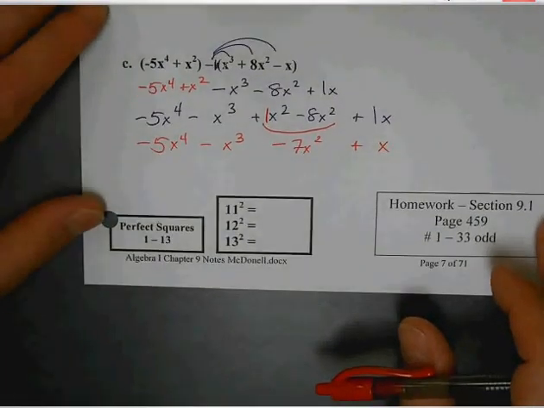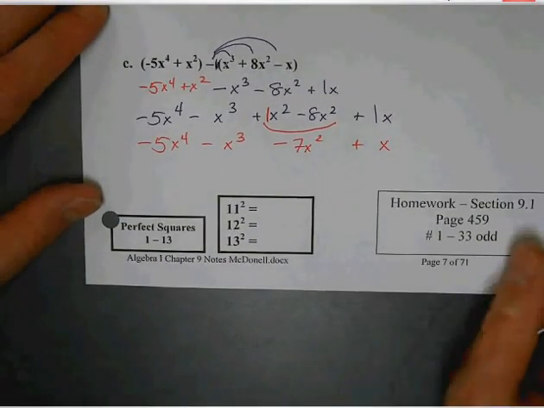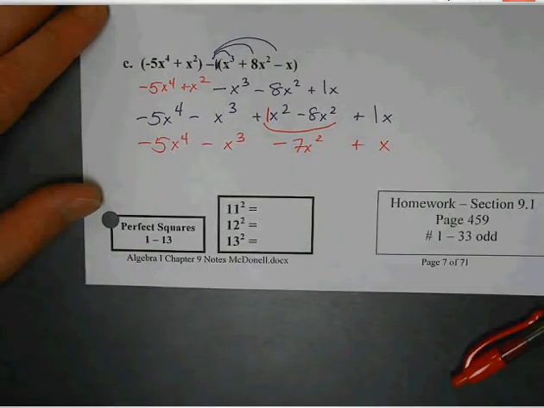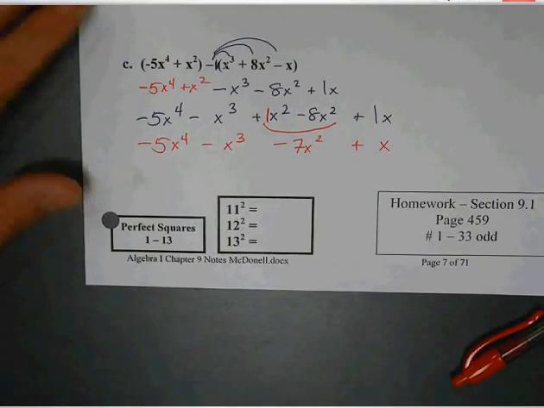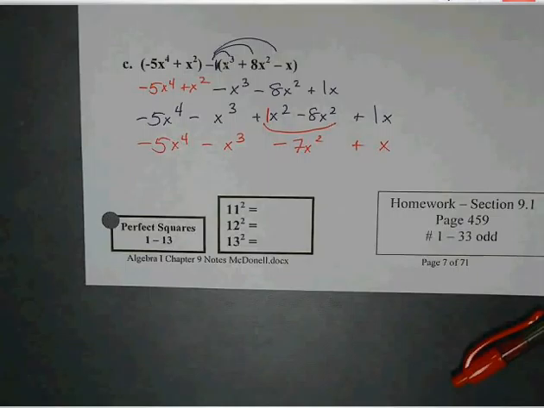Now, a little trivia. What's 1 squared? Everybody say it out loud. 1 squared is? 2 squared is? 3 squared is? 9. 4 squared is? 16. 5. 6. Don't look. 7. 8. 9. 81. 10. 11. 12. 13. 169.